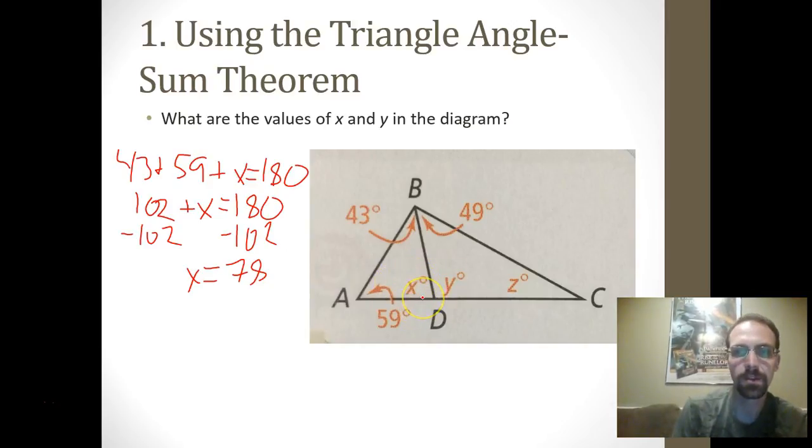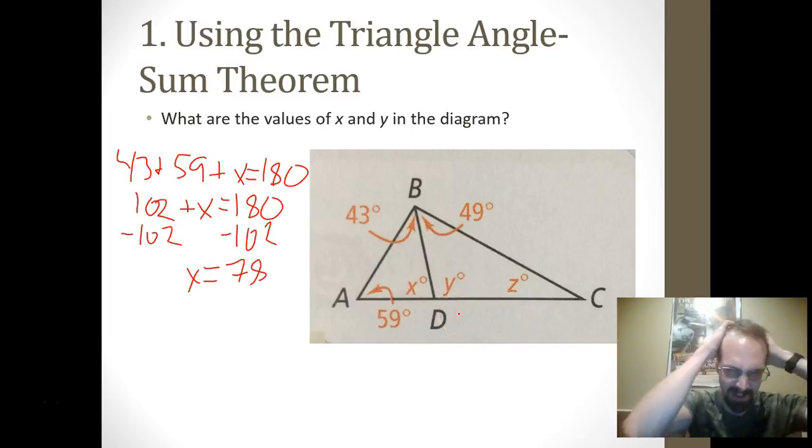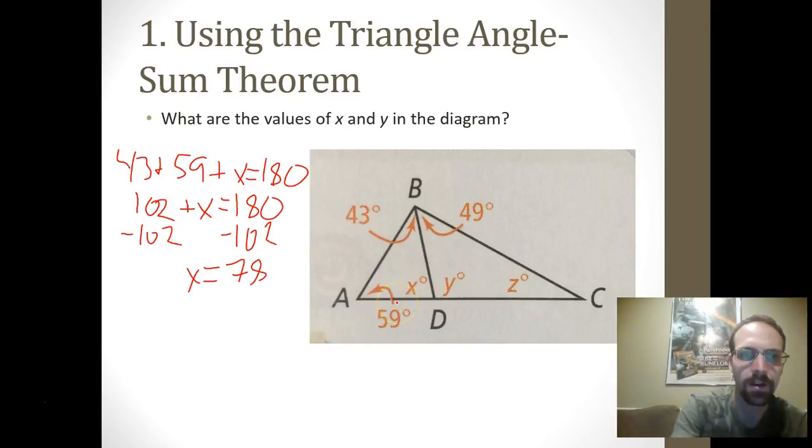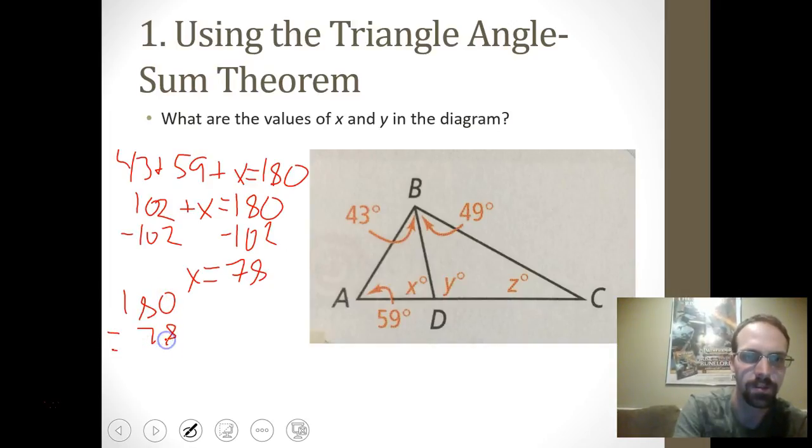And then there's multiple ways to get y. I think the easiest is to take 78 from 180 because these are supplementary. Some of you will be like, what can I do, like something with 49 and 43? Well, not really. Eventually you'll want to, if you're trying to find the whole triangle, but since we're just trying to find y, we're going to take 180 minus 78 because that's what x is.